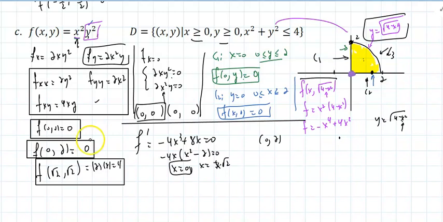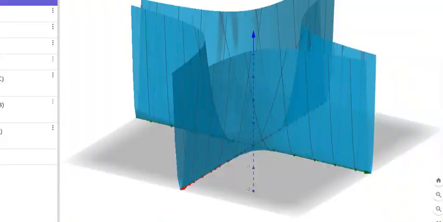One of them is 0, 2. And one of them is at radical 2, radical 2. And if I go ahead and figure out, this will be the absolute max, and those two will be the absolute minimum.